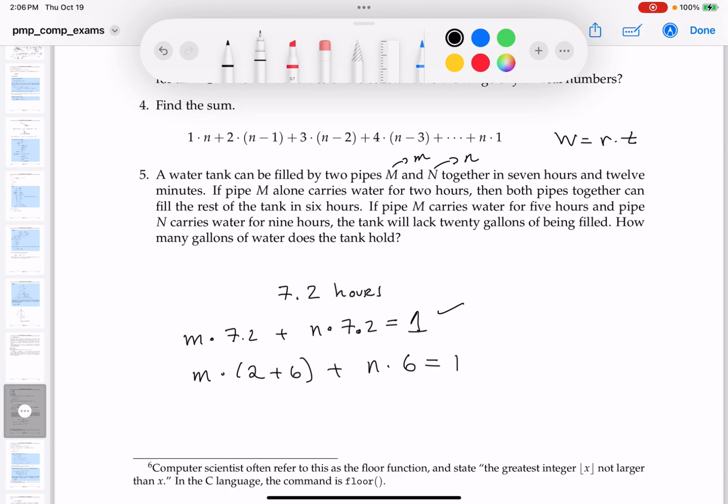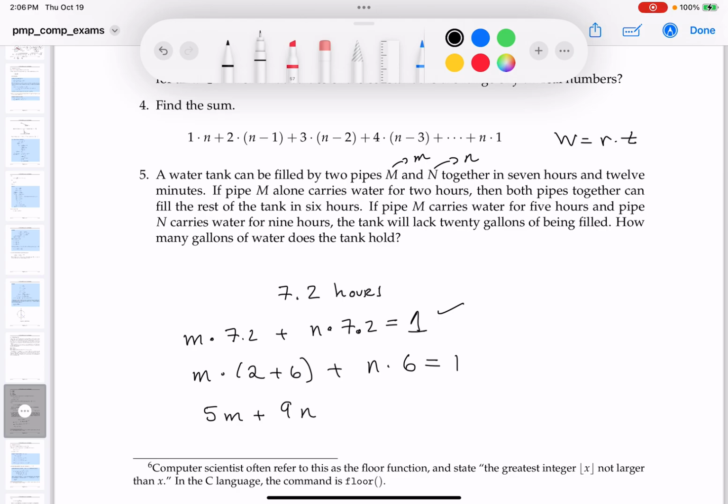But I want to keep reading it. Right, keep reading this and see what they're going to say now. If pipe M carries water for 5 hours and pipe N carries water for 9 hours, let's write this down. So that's going to be 5M plus, let me read that again, 9 hours, 9N.